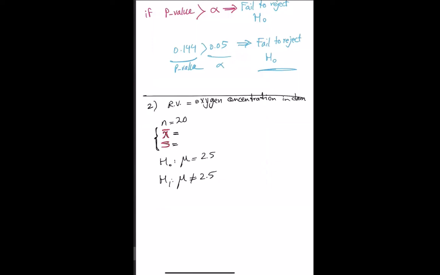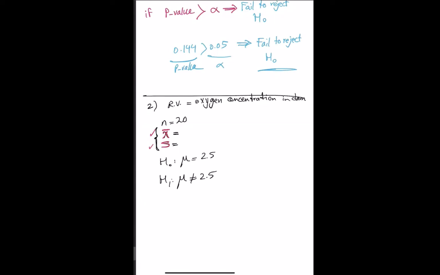So in a lot of problems we looked at so far, or the examples, I always give you these two. I say, we took a sample of size 20, the sample average is this, the sample standard deviation is this. But that's not the case in a lot of real world problems. You are the one who goes and collects the data or gets the data from somewhere, and then you have to calculate the average of the sample and the standard deviation of the sample. We had a similar example in the previous session. So you guys saw the formula for standard deviation.